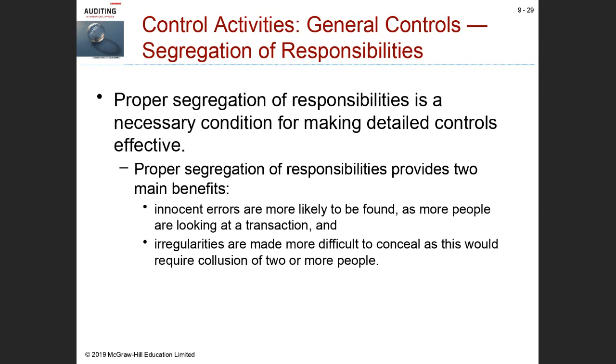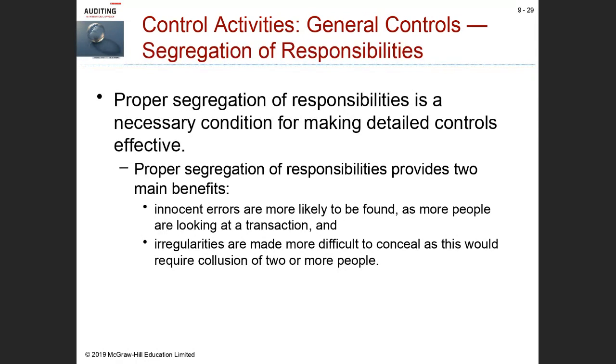Innocent errors are more likely to be found as more people are looking at the transaction. So by proper segregation of responsibilities, for example, we should not have the same person writing checks in our business also record the checks in the accounting records.